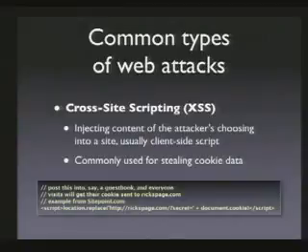Basically, what you do is you work with some application that hasn't done enough validation to strip out client-side scripting. An example here would be somebody running a guest book on their site, and somebody submits something that says, "Hey, dude, how you doing?"